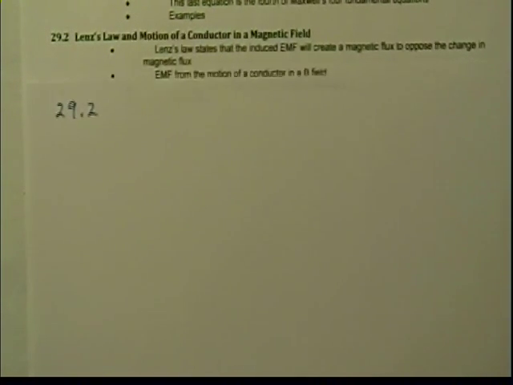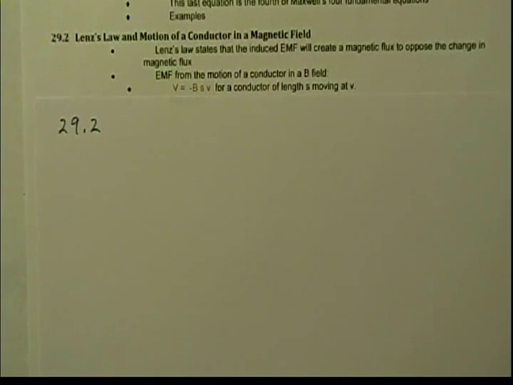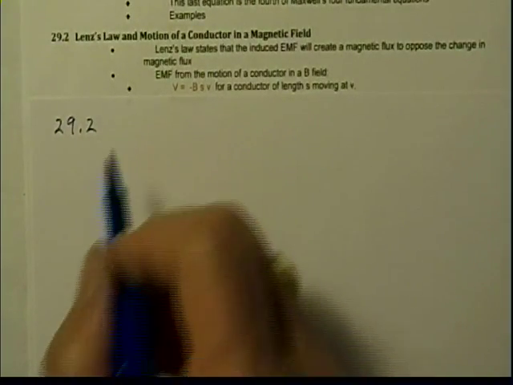So if I try to increase the magnetic field through a loop, that will create a current that goes around that loop, and that current will create a magnetic field that opposes that change, whether that change is positive or negative. And that's the reason for the minus sign that occurs in Faraday's law.